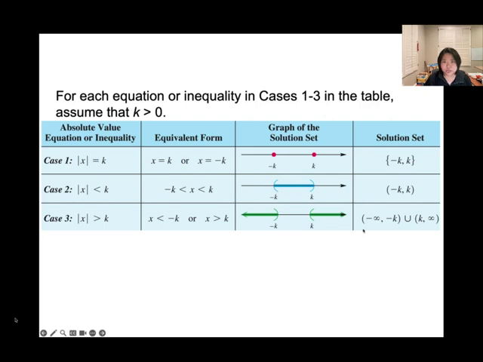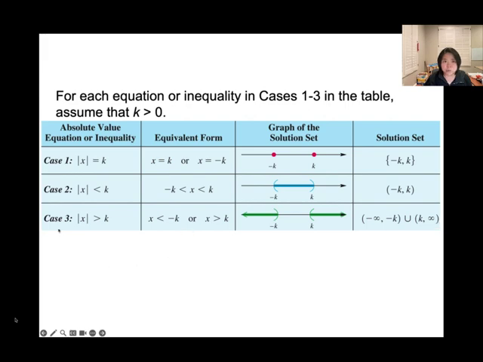This is how you graph the solution set when it's case 3 here. And then we write down the solution set: parenthesis from negative infinity to negative k parenthesis, or the union, which means or, parenthesis k and then until positive infinity.